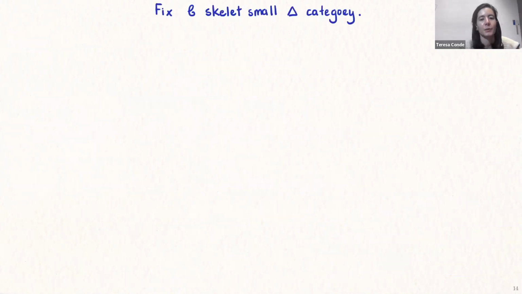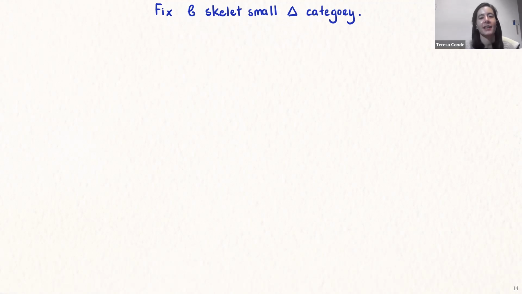Okay, but we don't want to deal necessarily with skeletally small abelian categories. Our goal is to investigate rank functions on triangulated categories.